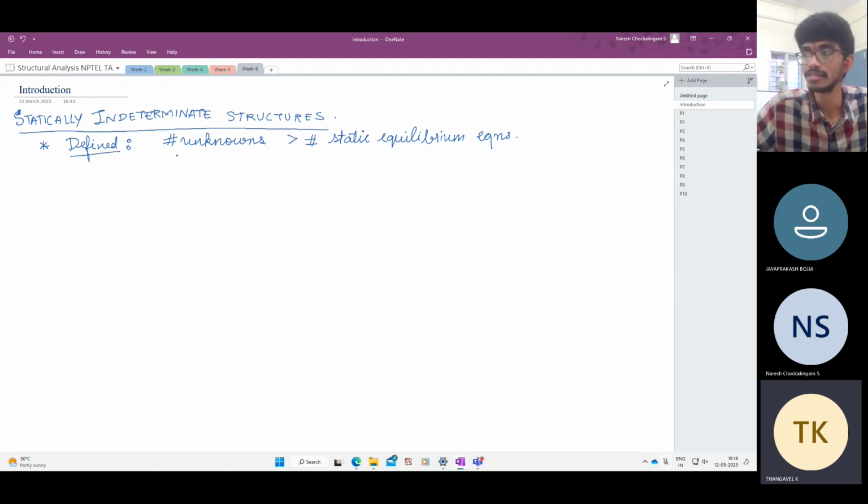So yes, we call those structures for which the number of the unknowns can be determined only by using the static equilibrium equations, those are called statically determinate structures. But in most structures in civil engineering, the number of unknowns are number of force unknowns basically. So number of unknown forces or reactions.